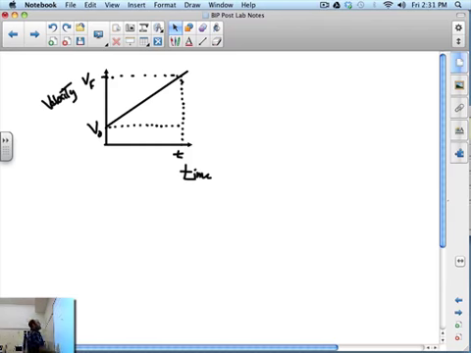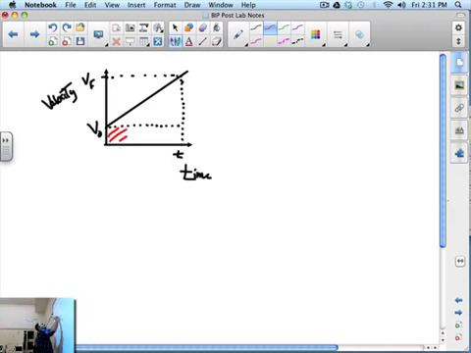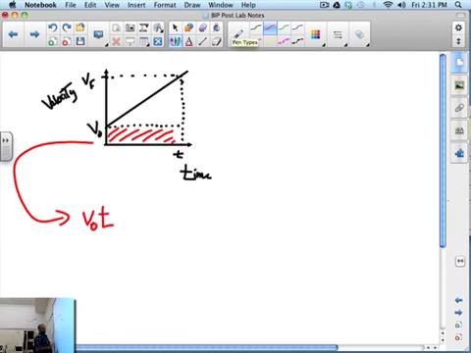Well, let's do it. So the red rectangle, that displacement is going to be initial velocity times time, right? The blue area is actually a triangle, so I'm going to take this difference between my final velocity and my initial velocity.